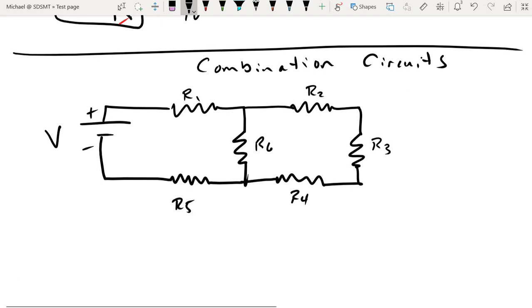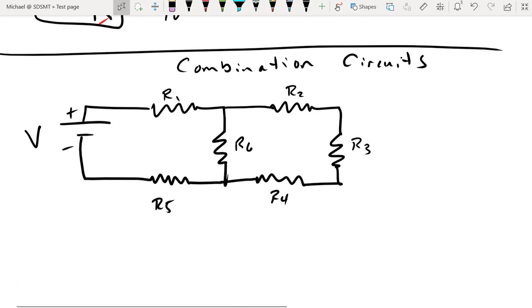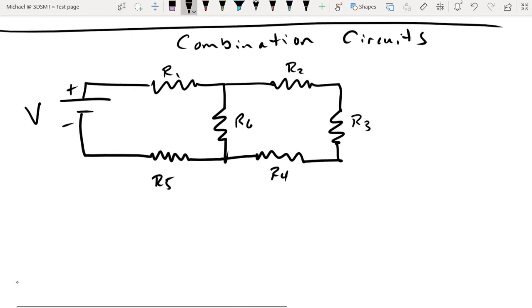Okay. Now in a previous video we spent some time working on how to substitute all of the other resistors in the circuit with one resistor that we called the equivalent resistor.